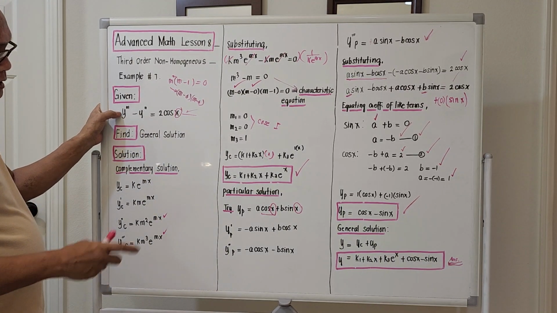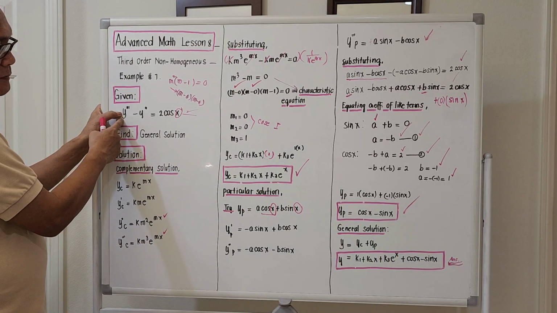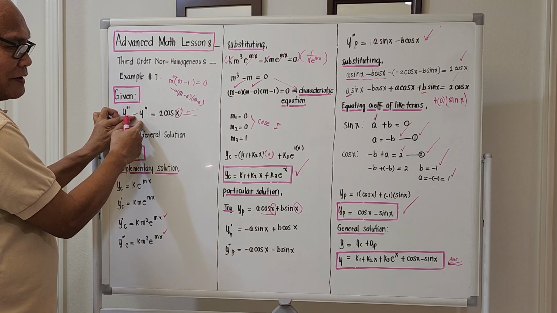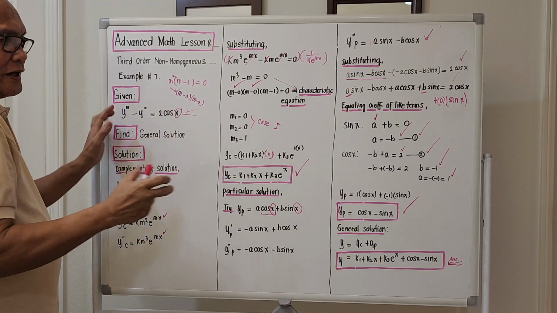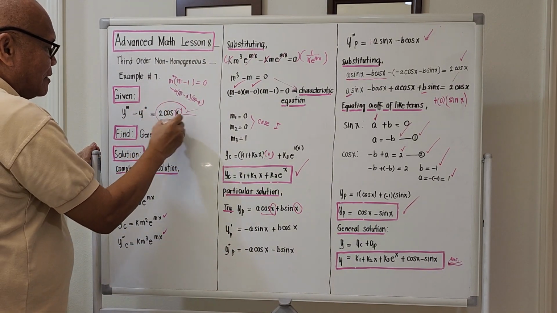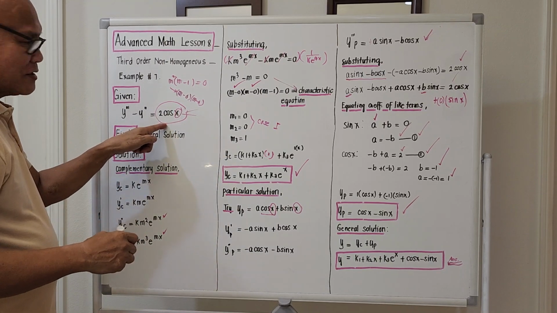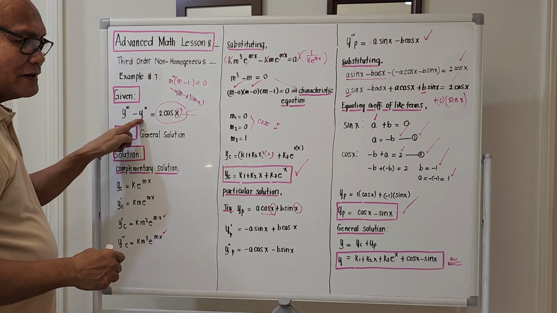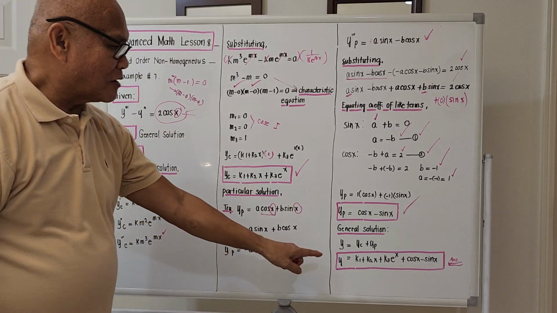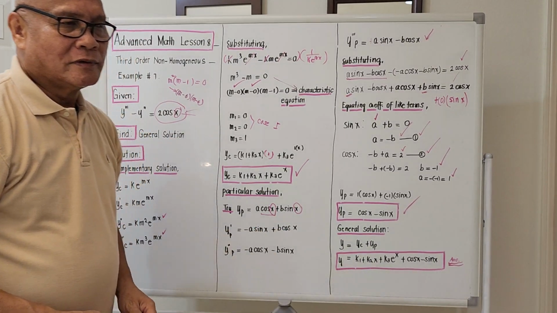You substitute the computed value of y triple prime, you subtract the value of the second derivative, okay? You take the sum, and what will come out should be twice cosine of x. If it is twice cosine of x, the meaning of that is that our total general solution is correct.